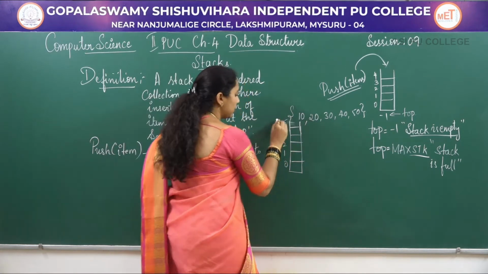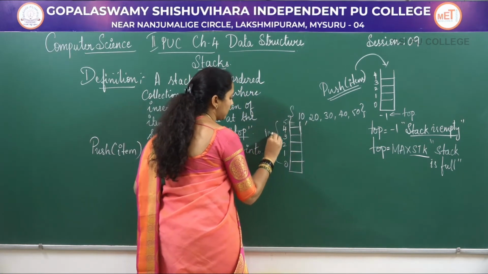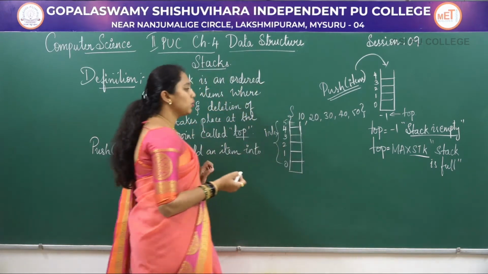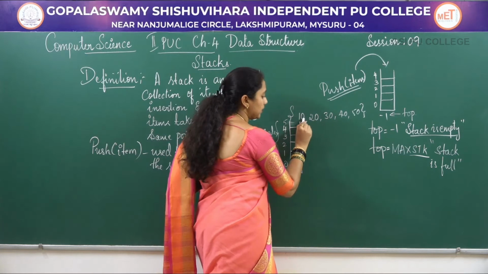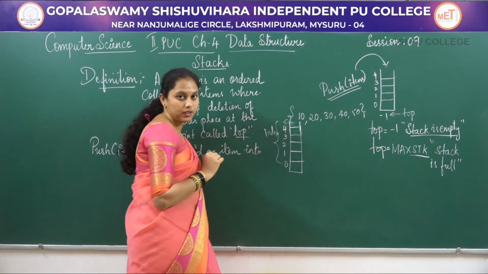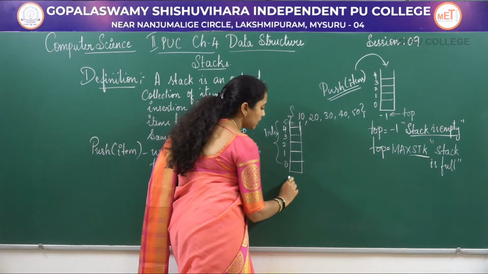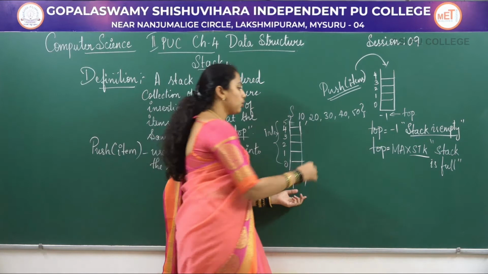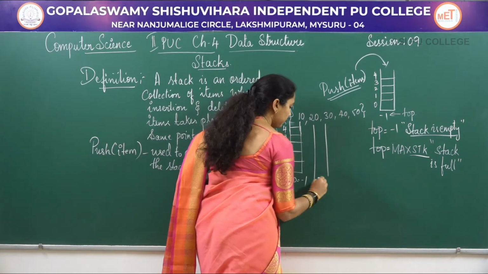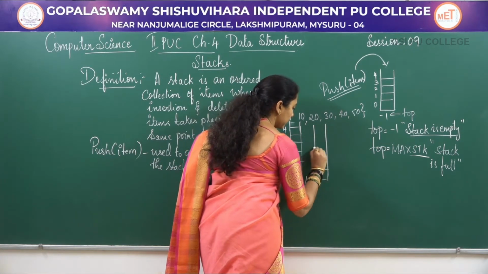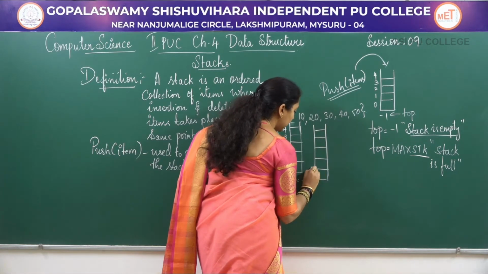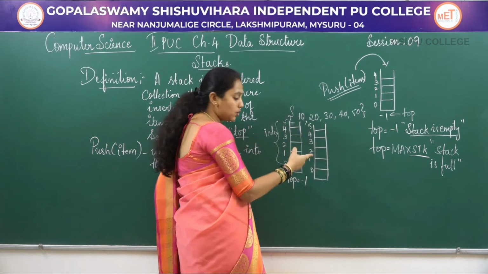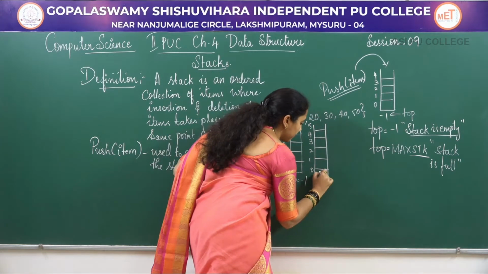These are all the indexes of the stack. Now I am going to add the first item, 10. The stack is empty, so top is -1 now, and I add 10 as the first item using the push function.